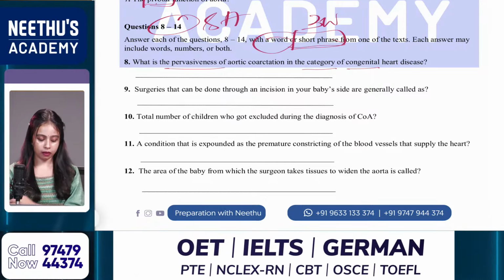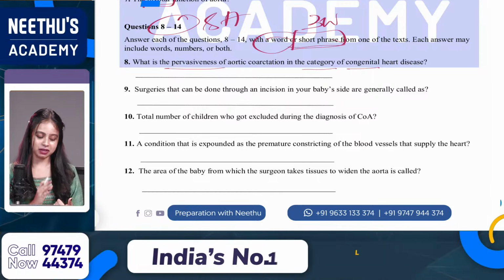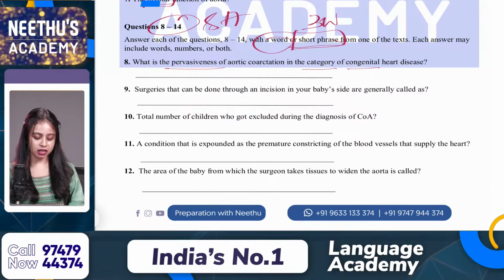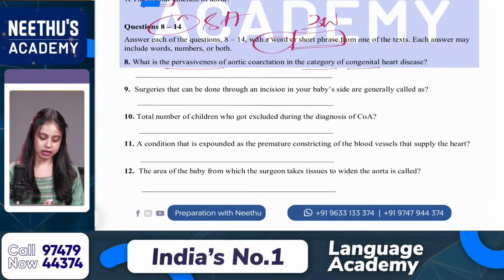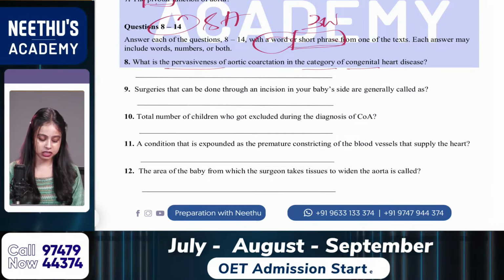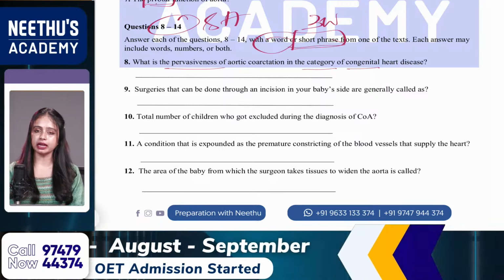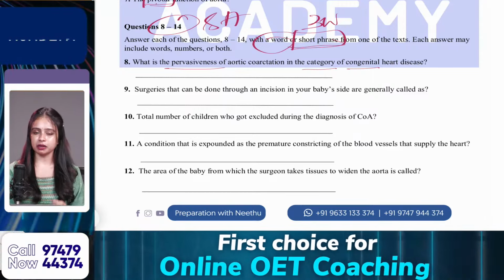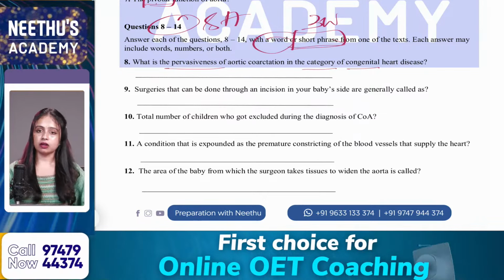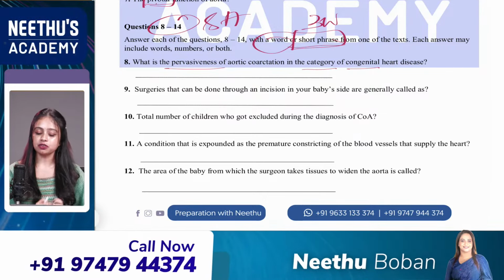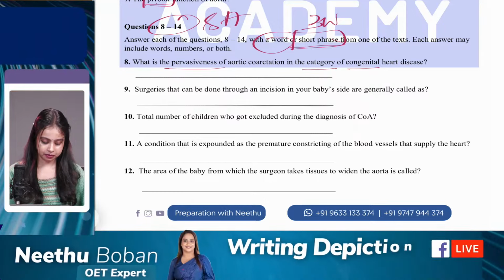Oh my God, a lot of correct answers. Okay, Reshma, Sajiv, Prajisha, Anu Thomas, Anasuya Devi, Adira Kunjimon, Reshma, Shivan, Monisha, Sarath, 7 out of 7, excellent guys. So what about the eighth one? The prevalence or pervasiveness of aortic coarctation in the category of congenital heart disease.